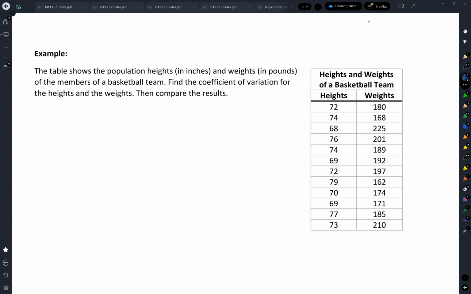I'm going to use technology to find the mean and the standard deviation. This is a population. Then we'll compare the results. So I'm going to type this into my calculator real quick. I will show you how to do this later.